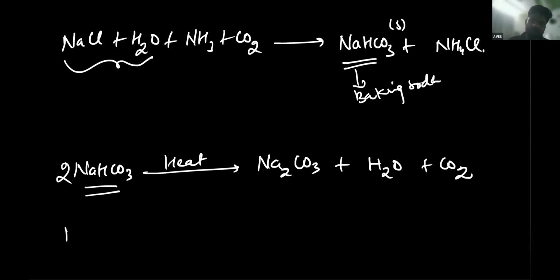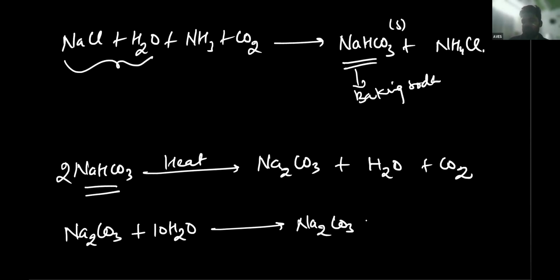And the next one: if you put this Na2CO3 with 10 water molecules, it gives you Na2CO3 dot 10H2O. Noted down? You have noted this one and that one, so no need to write it again. This is a preparation method so that you know how it is prepared. Got it?